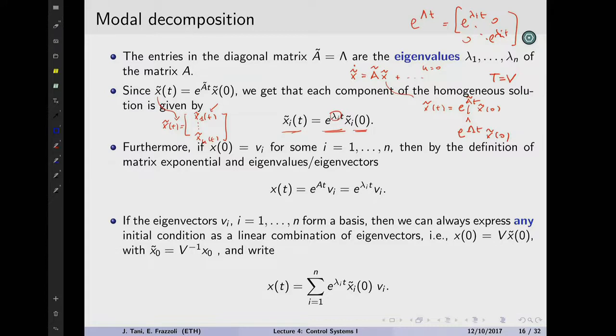So there's no mixing up with other directions. It's kind of a decoupled solution, right? Because each state variable has an evolution that depends on the eigenvalue of its specific direction and the initial conditions on that specific direction.